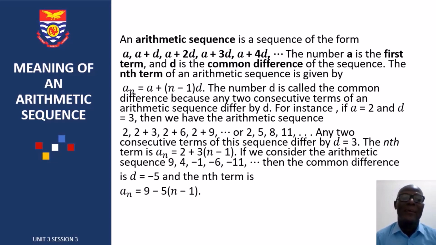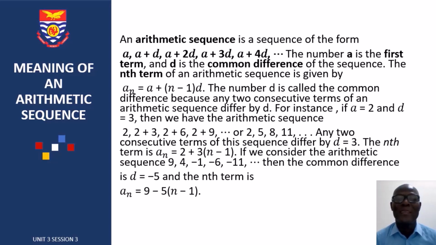Like if the first term is A, then to obtain the second term, we add a constant D to the A to obtain the second term as A plus D. To obtain the third term, we add D to A plus D, and that gives A plus 2D. To obtain the fourth term, we add that constant D to A plus 2D. That gives A plus 3D.